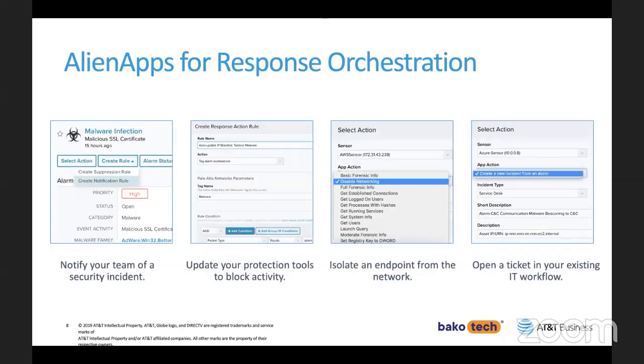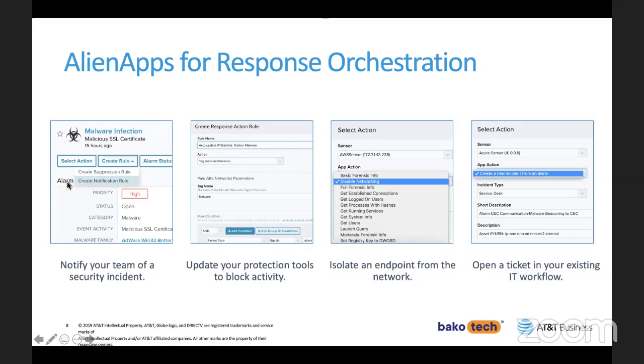Again, here is an example of automation capabilities inside Alien Vault. As I said before, for example, we see some event connected with a malware infection. We see that it has very high priority.